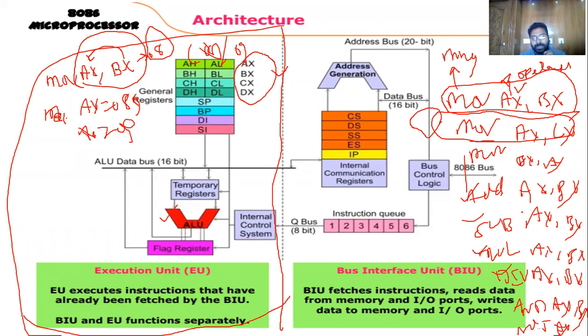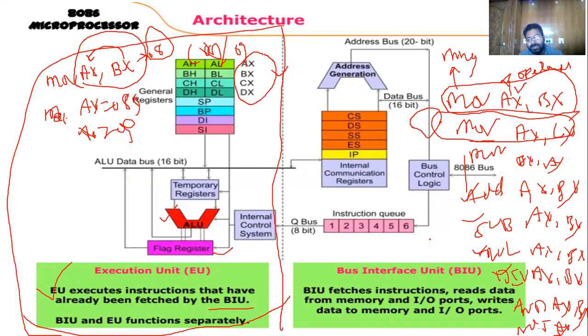Whenever you perform these logical and arithmetic operations, if any flags are available, such as the carry flag, parity flag, or overflow flag, they will be shown by the flag register. What does the execution unit do here? The execution unit executes the instructions that have already been fetched by the BIU.